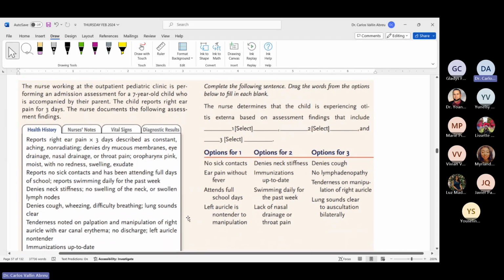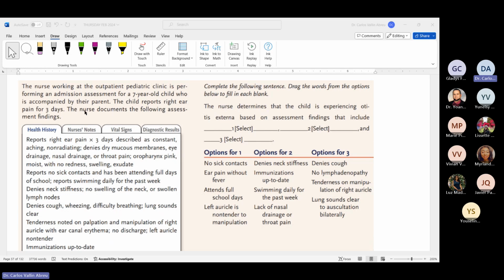This is a new generation question that says the nurse working at the outpatient pediatric clinic is performing an admission assessment for a 7 year old child who is accompanied by their parents. The child reports right ear pain for 3 days.